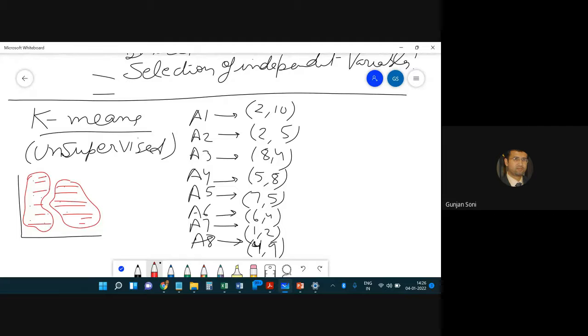So this is a classification algorithm, k-means, and what we do first is randomly take initial cluster centers. We first have to decide the value of k. So here, let's say k equal to 3. So we want to make 3 clusters out of it.